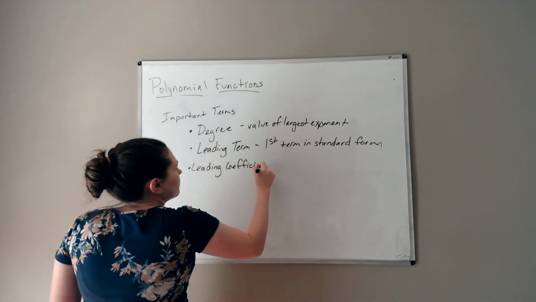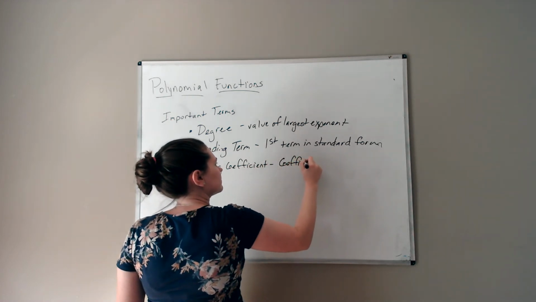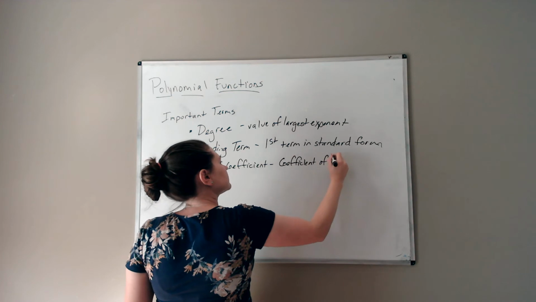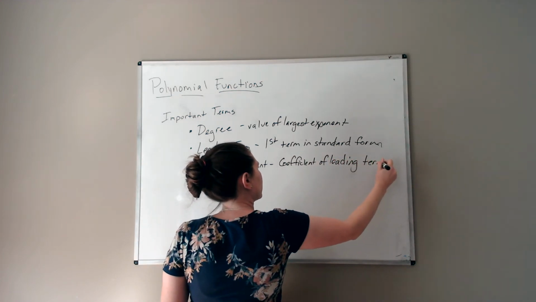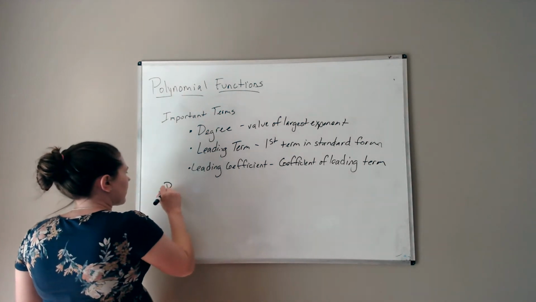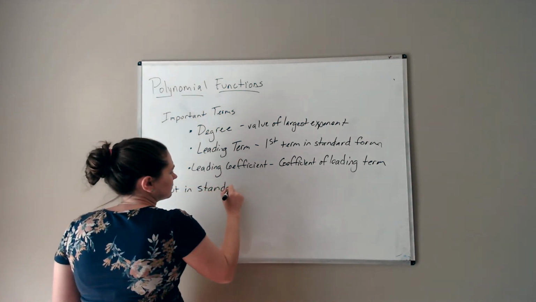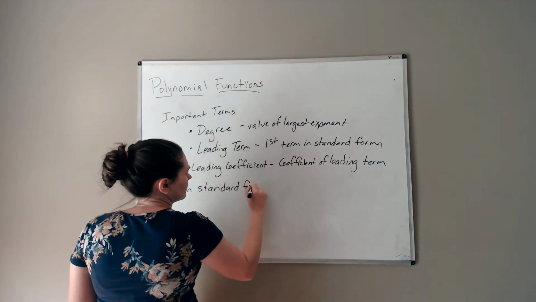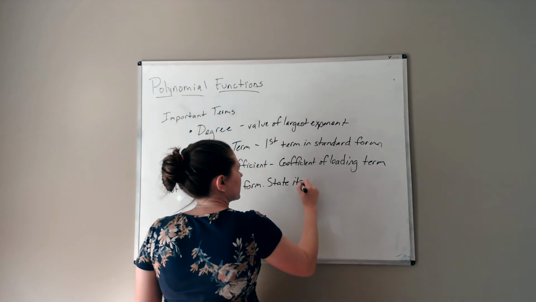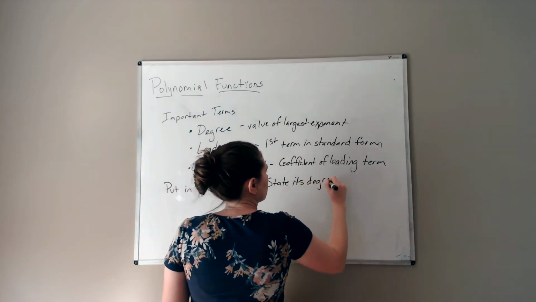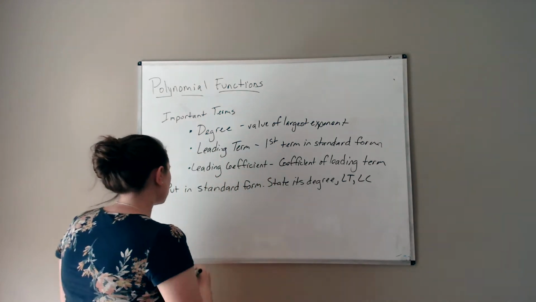And then the leading coefficient is the coefficient of the leading term. Okay, so for the following, we're going to put in standard form. Then we're going to state its degree, the leading term, I'll just write LT, and the leading coefficient.